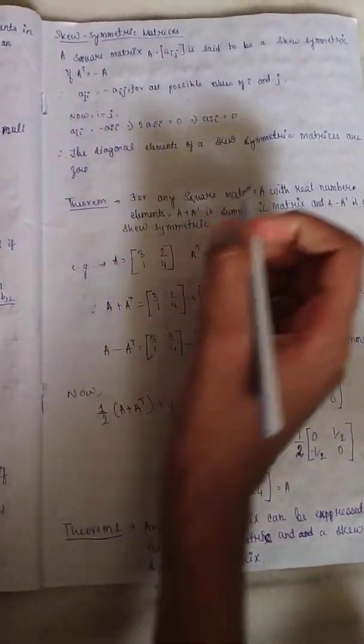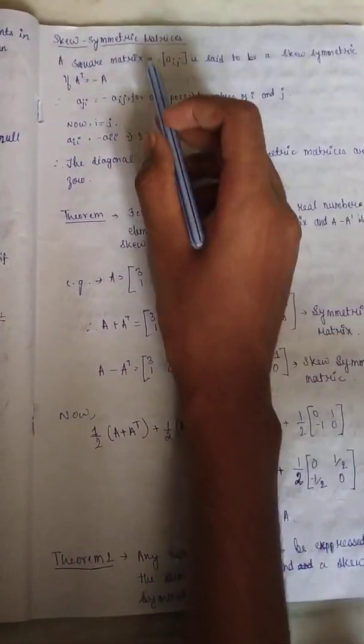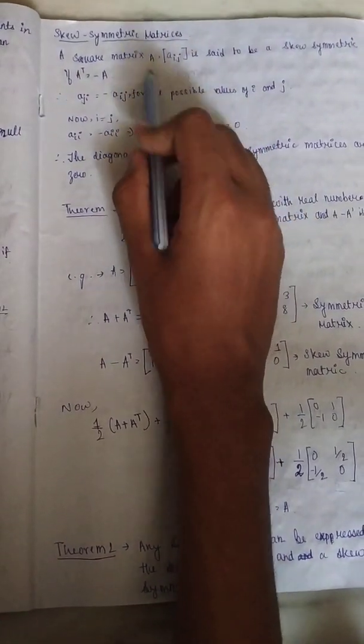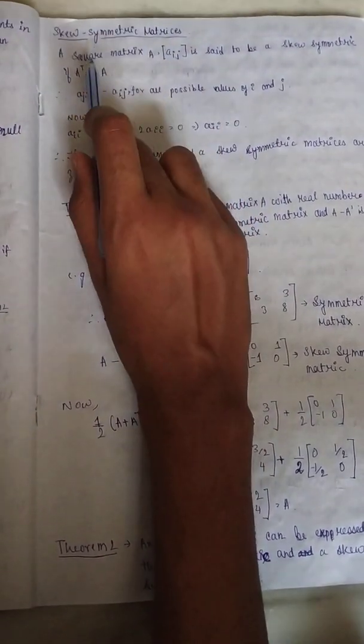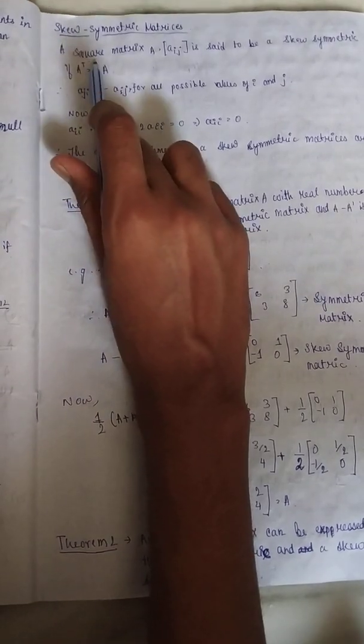Then skew symmetric matrix. For a skew symmetric matrix, a matrix has to be a square matrix.